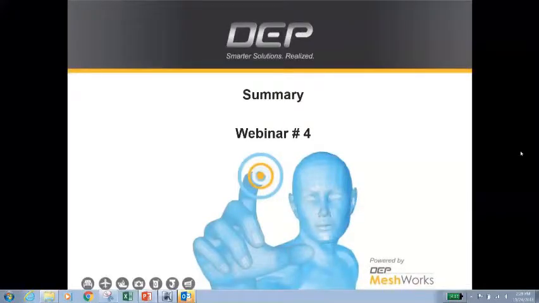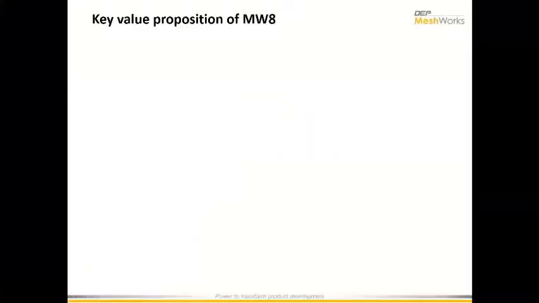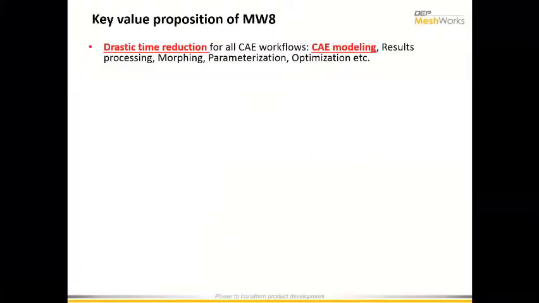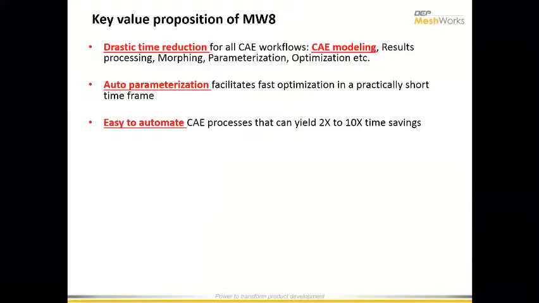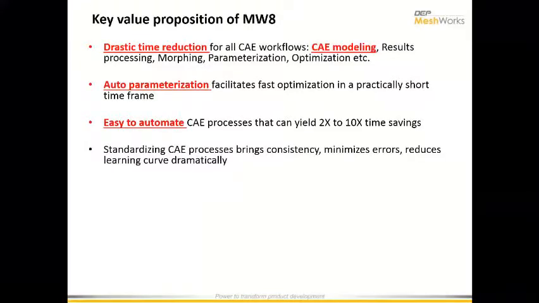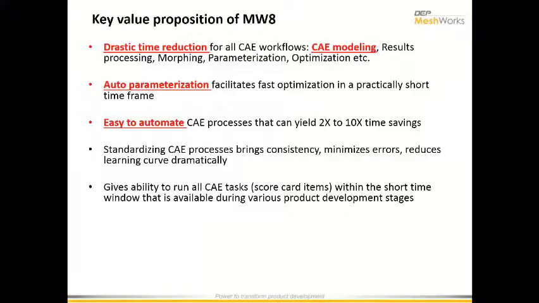Okay, so here we're going to quickly summarize all the things that we showed you today. We're going to talk about a couple of key propositions in regards to MeshWorks. The first thing is that we can drastically reduce time for all your CAE models and workflows. We showed you how the auto parameterization works and how this is also a huge benefit in helping you reduce your time in coming up with an optimized design.